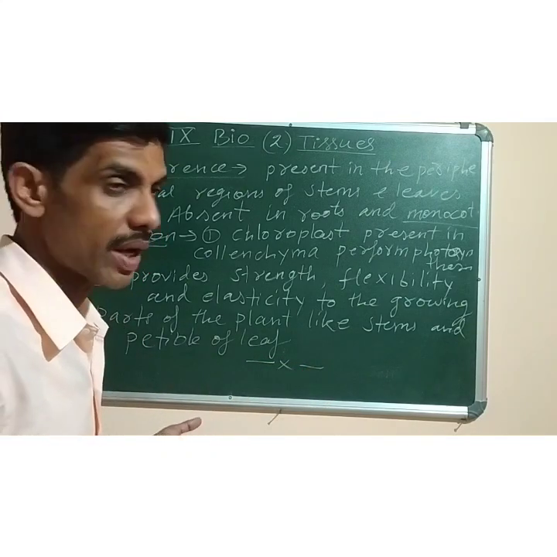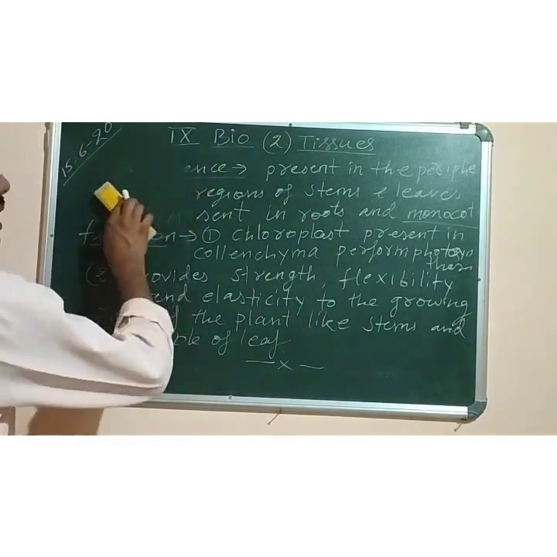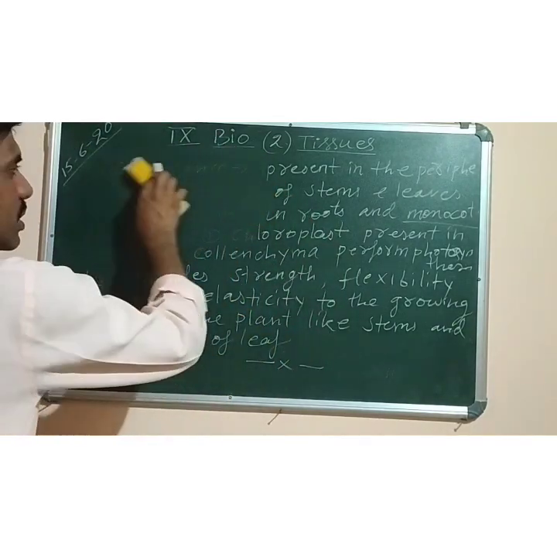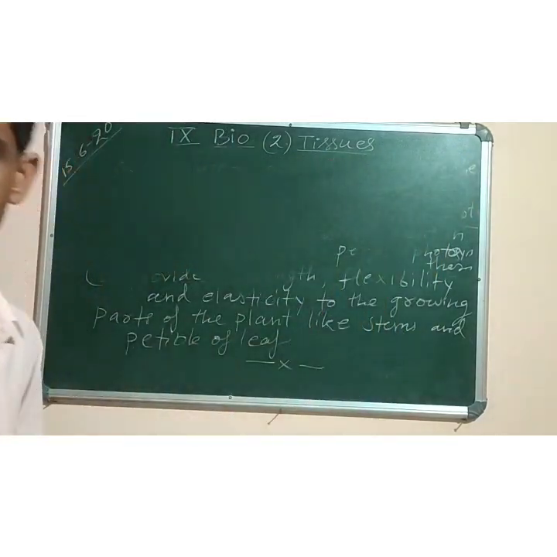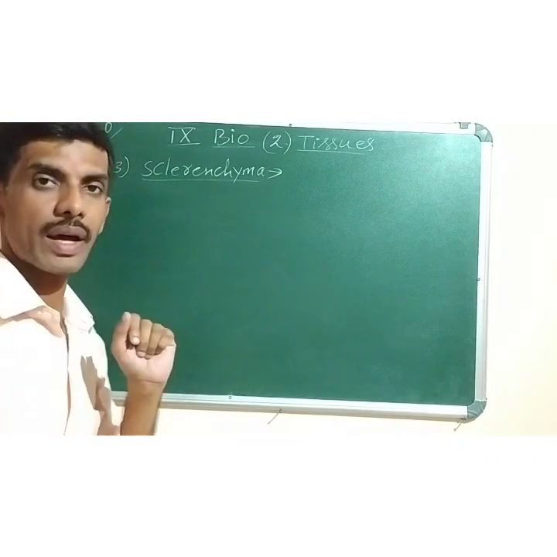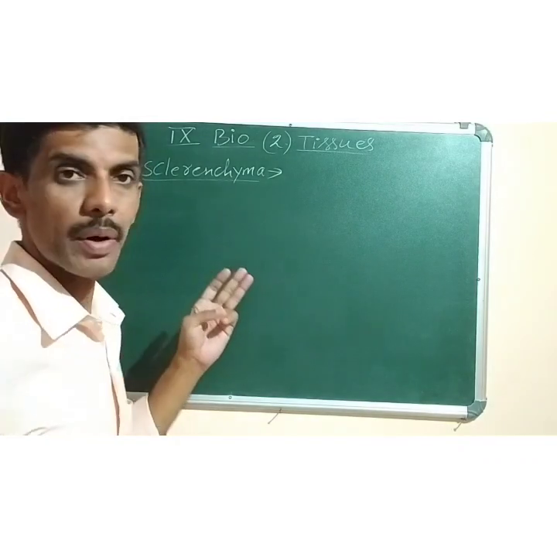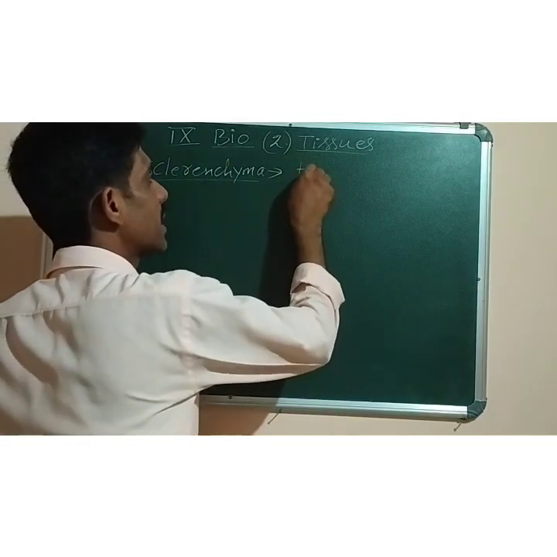Now the next tissue which we are going to study, the third type of tissue, is known as sclerenchyma tissue. This is the third type of simple plant tissue, and the term was given by Metenius.